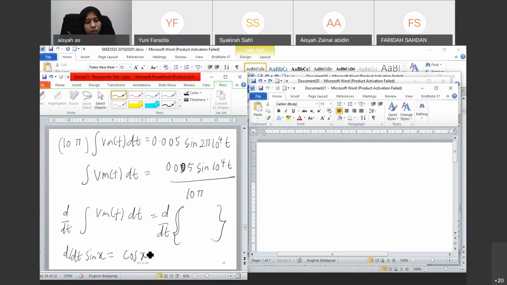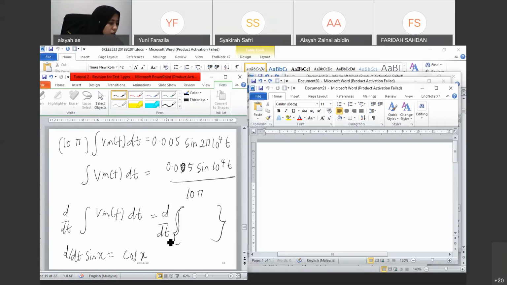This is given, which means we will have 2 pages of formula, so you need to apply that formula. Sine ax differentiates to cos ax, and the a needs to be put at the bottom.